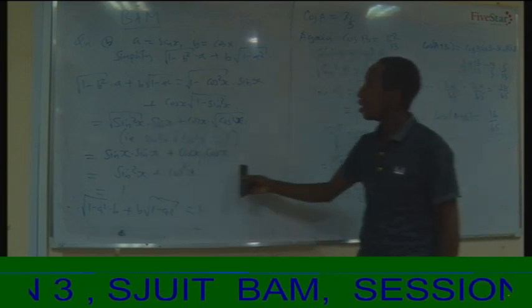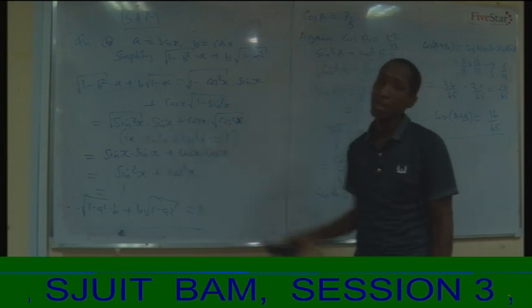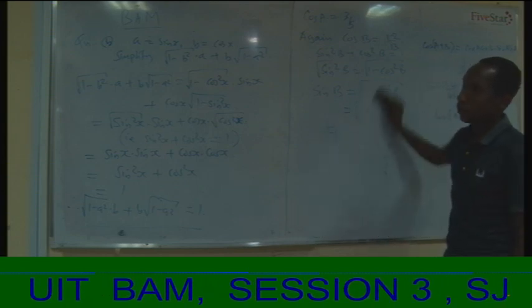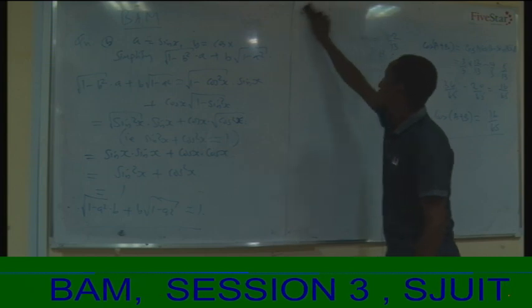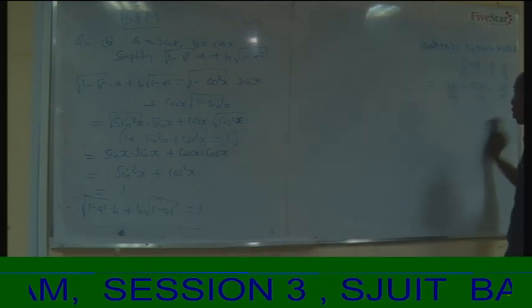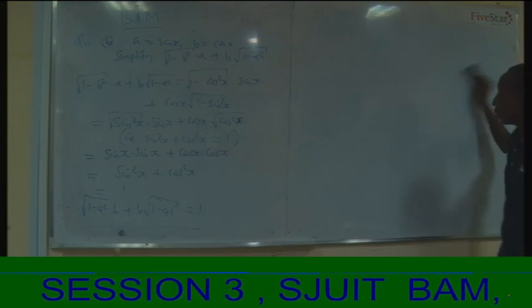And the trig identity that we have used here is just the basic one: sine squared x plus cos squared x equals 1. And of course, sine squared of any angle plus cos squared of that angle is equal to 1. So that is the second part of our question.